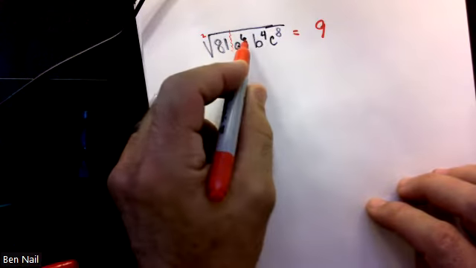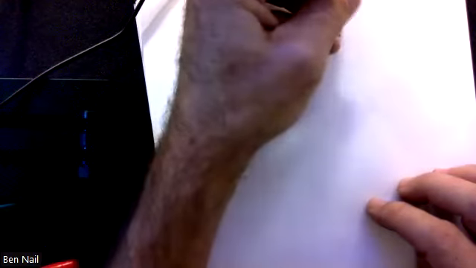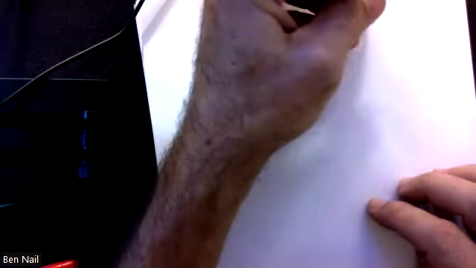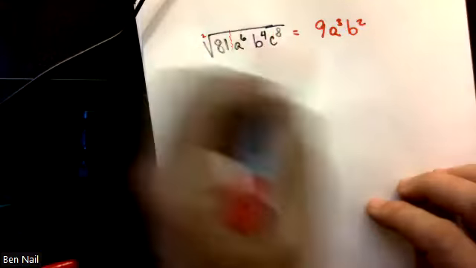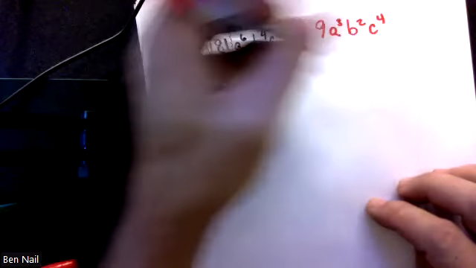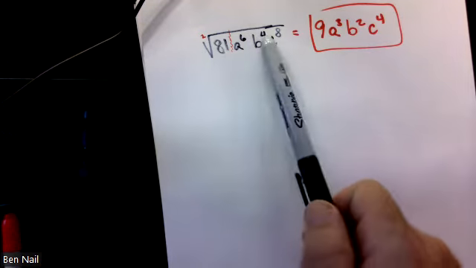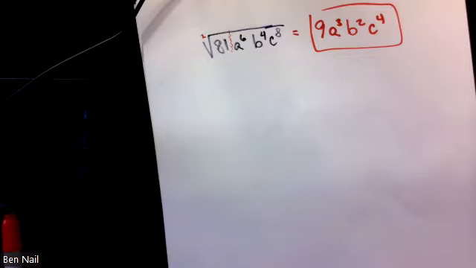So then we just divide. 6 divided by 2 is 3. 4 divided by 2 is 2. And 8 divided by 2 is 4. So if they combine whole numbers and variables and exponents, you should be able to simplify those.